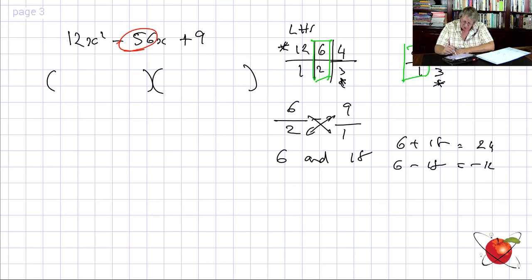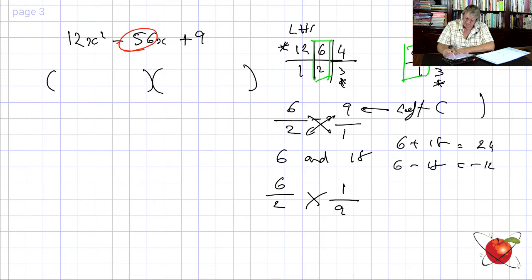You haven't gone wrong. Just remember that you've got a 6 and a 2. It could be a 1 and a 9, because this is the left bracket and this is the right bracket, because they could be in different brackets. Let's have a look here. 6 times 9 is 54, and 2.